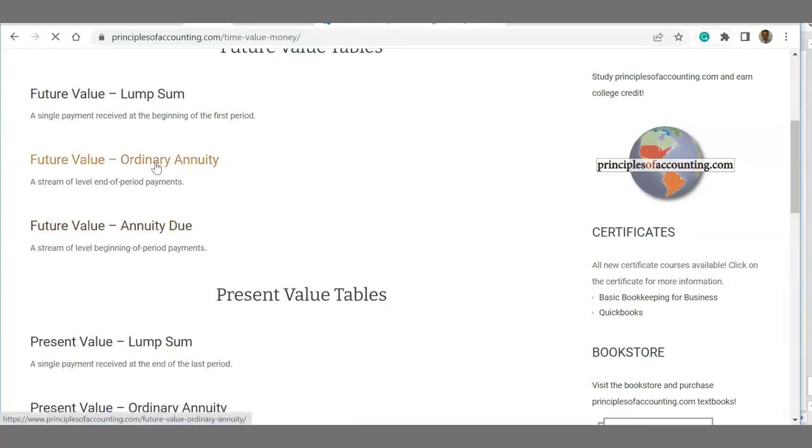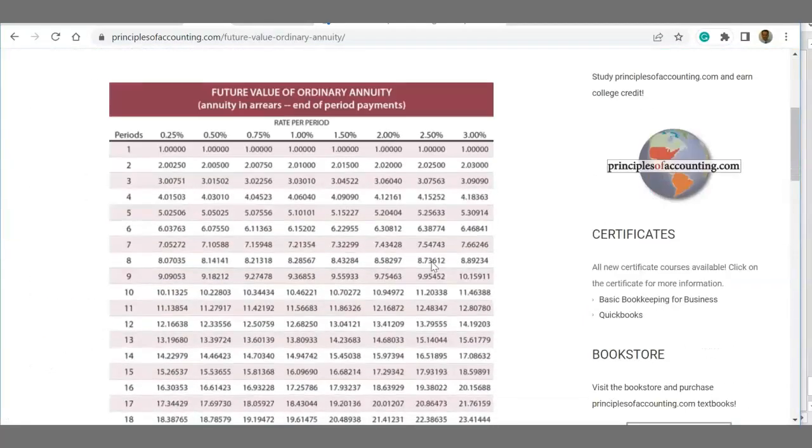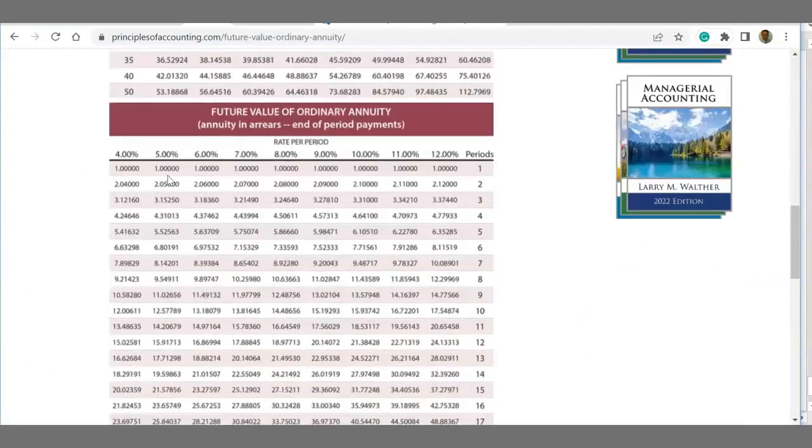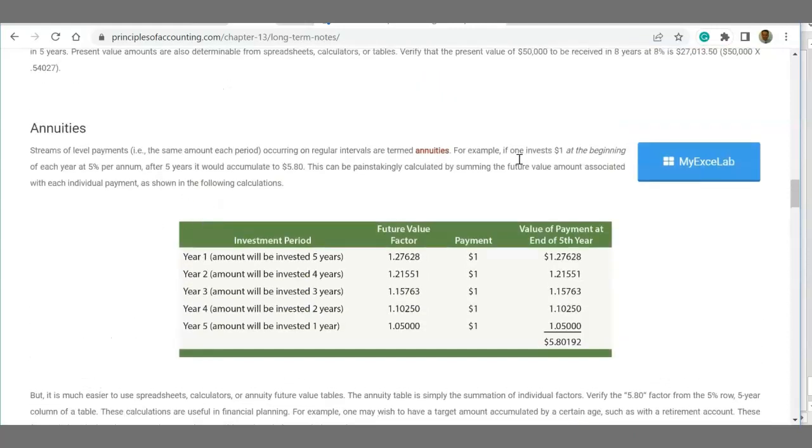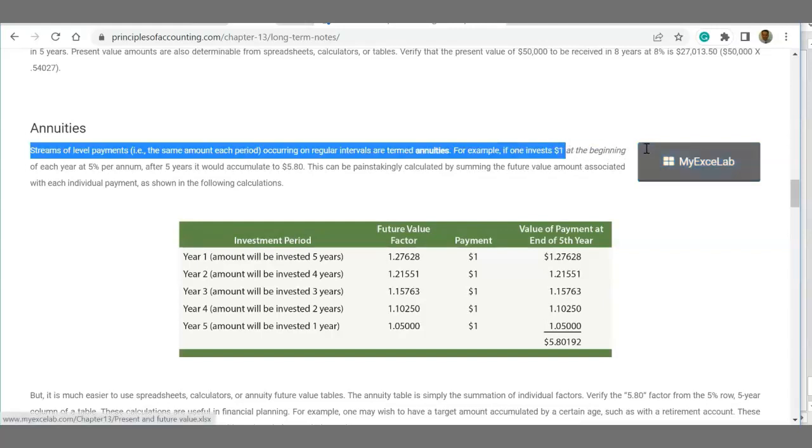Here, let's go to this future value table, and let's say 5%, year 1, year 2, year 3, year 4, year 5. And let me see, what was that again? At the beginning here.